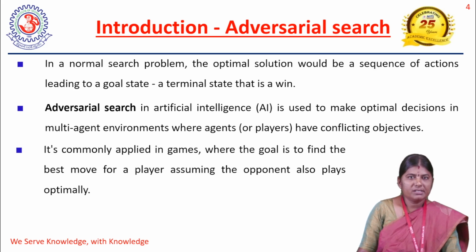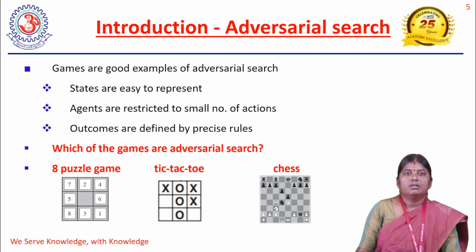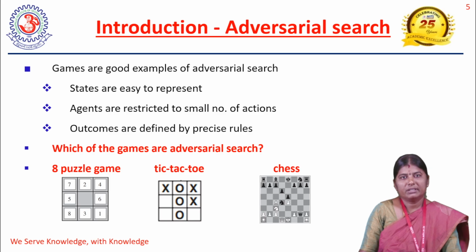So adversarial search arises in a competitive environment where each agent has conflicting goals. That gives rise to adversarial search. It is used in game theory. As I said, games are good examples of adversarial search, since in AI games the states are easy to represent, whereas in physical games the states are somewhat complex to describe.